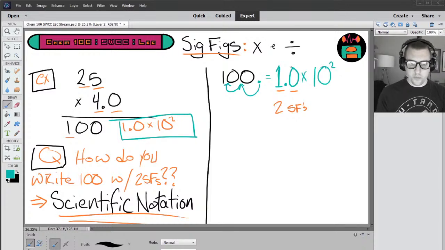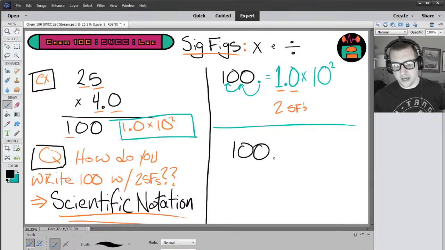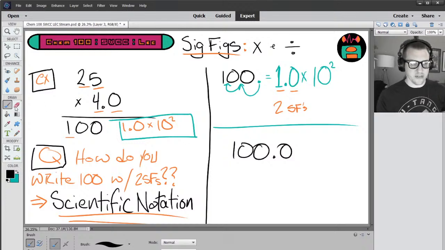See, because the problem here is normally when we need to write something with more sig figs, we just add a decimal, right? But the problem with 100 is if you write 100.0, that doesn't have 2 significant figures.